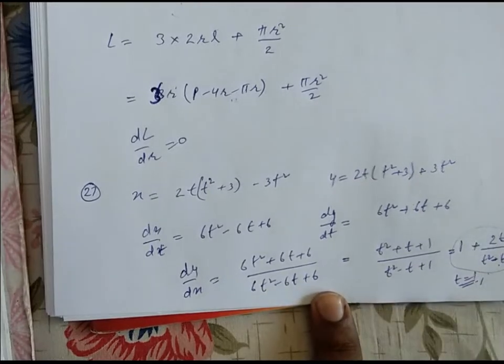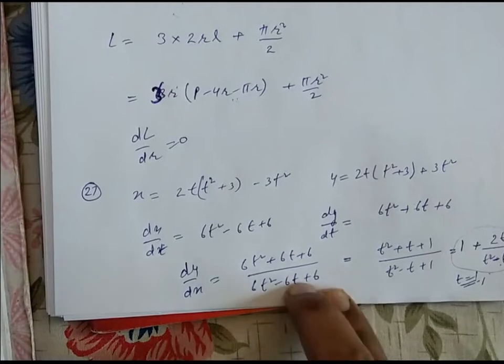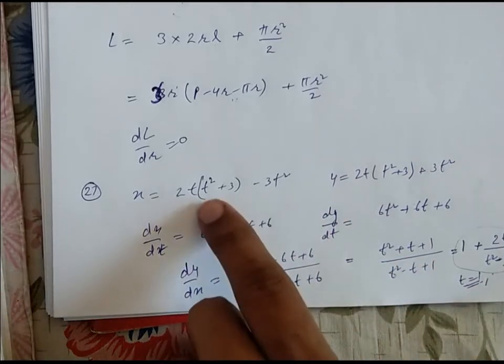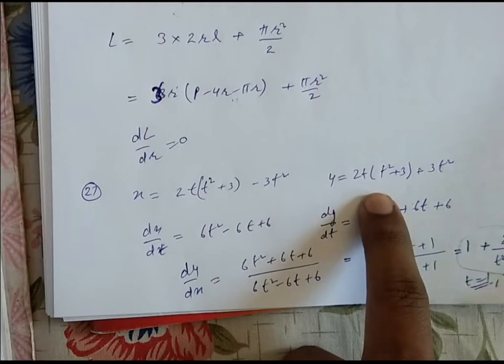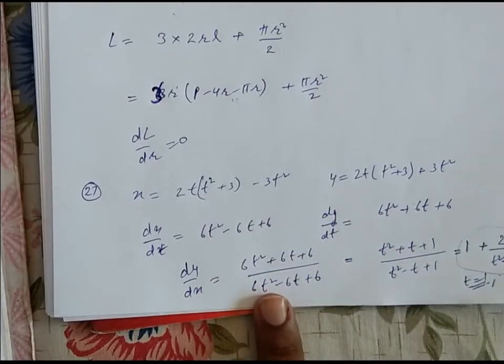So the maximum slope of the curve will be 3, and to calculate the corresponding point, put t is equal to 1 in this equation and this equation to get the values of x and y. Moving on to the next question, question number 28b part.